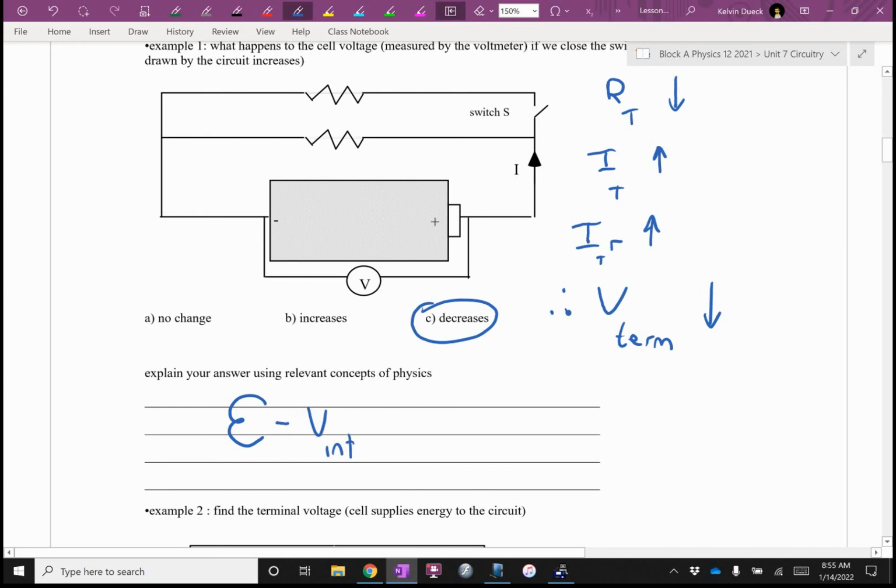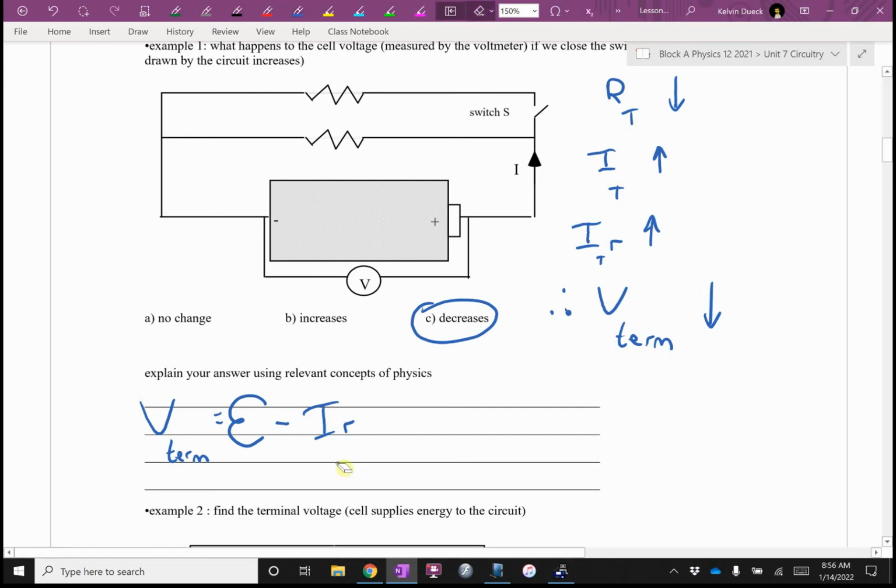V equals what times what? Instead of writing that, I'm going to say we lose I times little r. That's your terminal voltage. So if current goes up, your overall voltage that you have left over to run the battery drops. If current goes down, your overall voltage goes up.